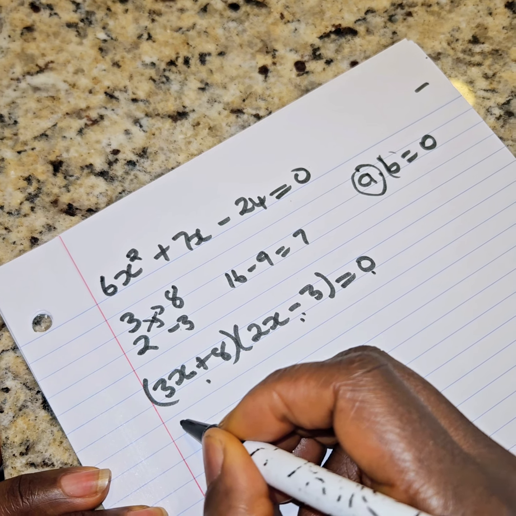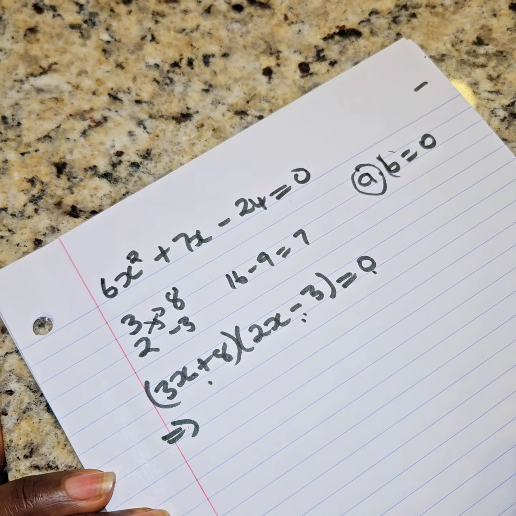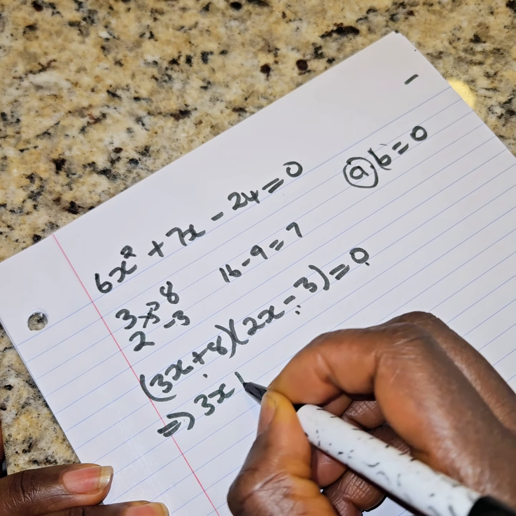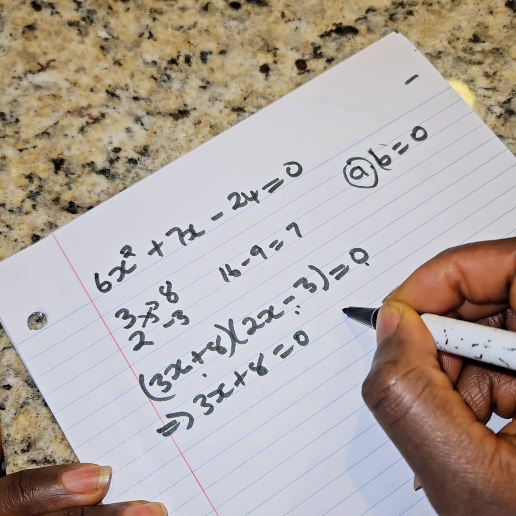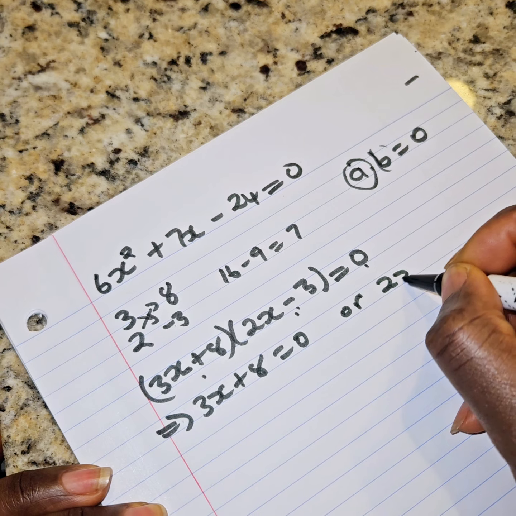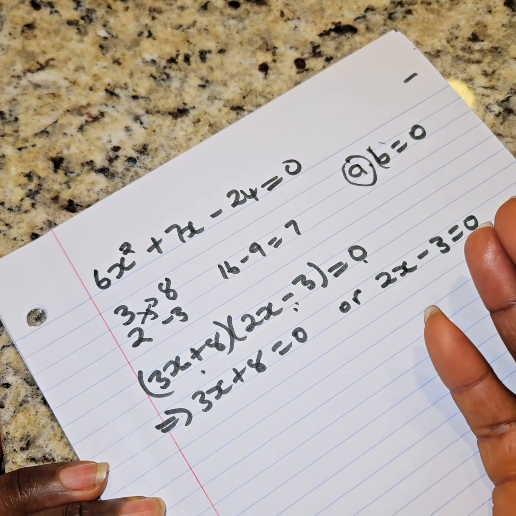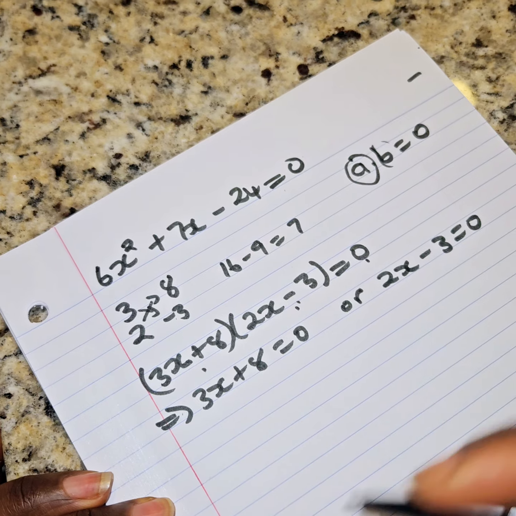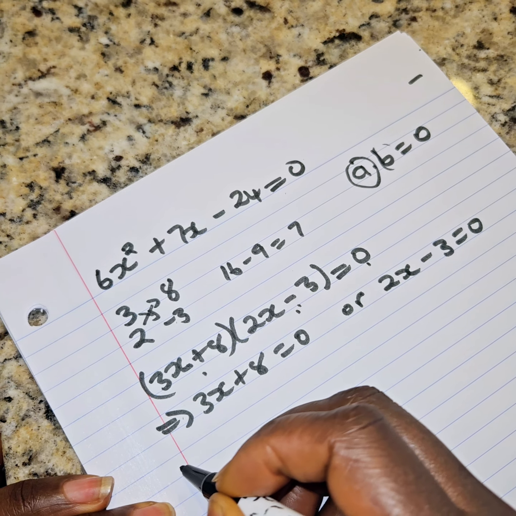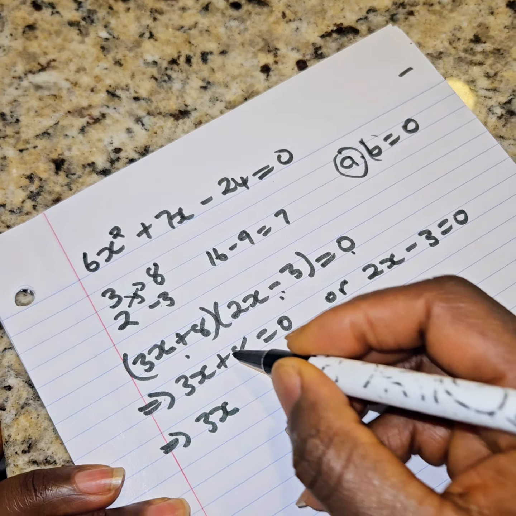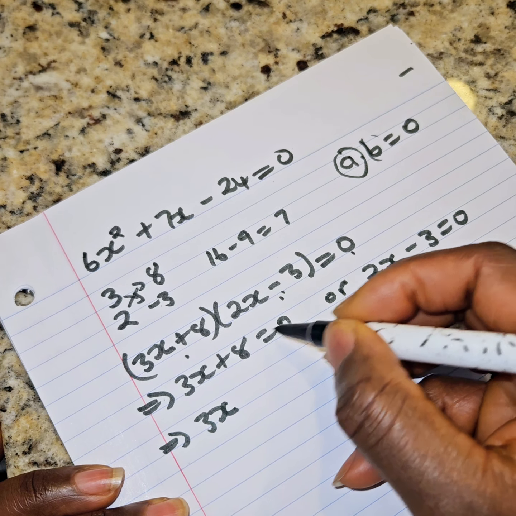So, this implies either 3x plus 8 equals 0 or 2x minus 3 equals 0. This is all. Then we are just going to look for x. To look for x, this means 3x, I can take 8 to the other side.